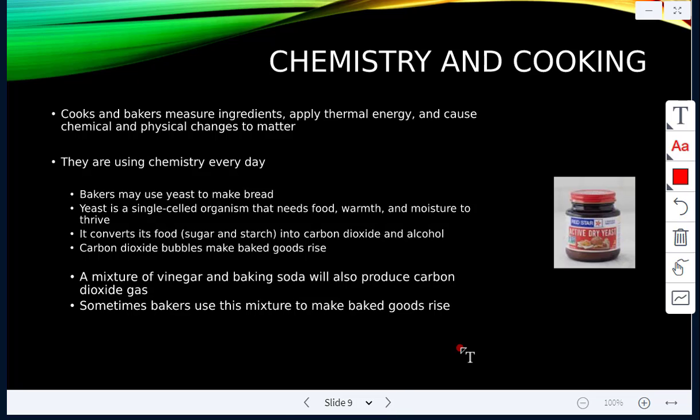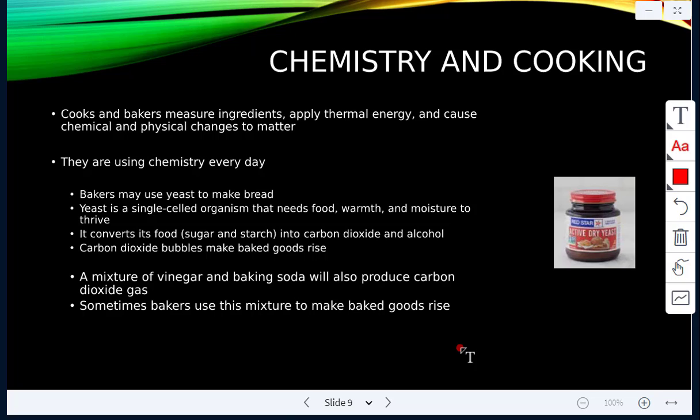All right, next we go into chemistry and cooking. Bakers, chefs, and people at home that cook use chemistry every day, measuring ingredients, applying thermal energy, and causing chemical and physical changes to matter.